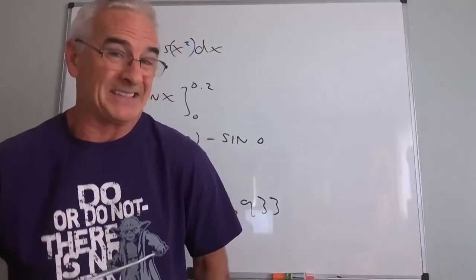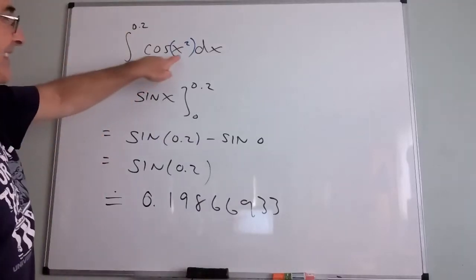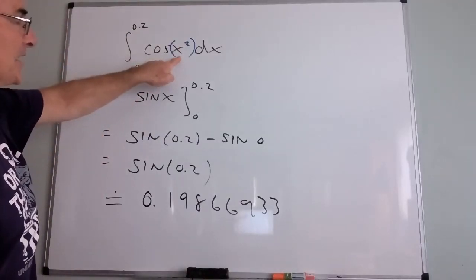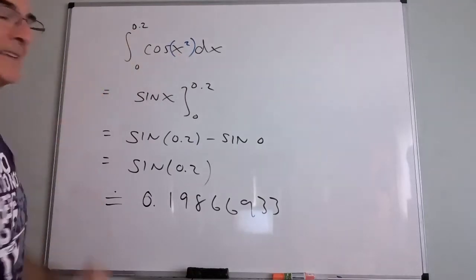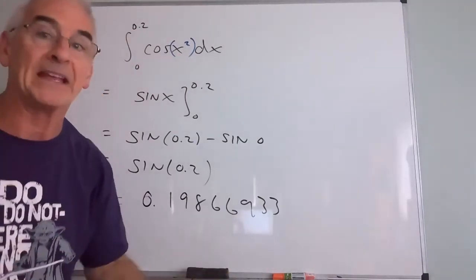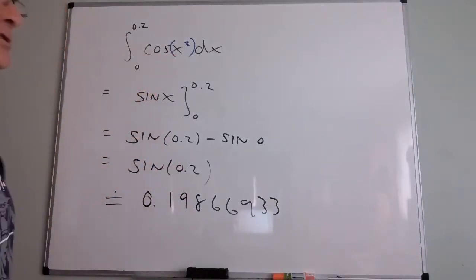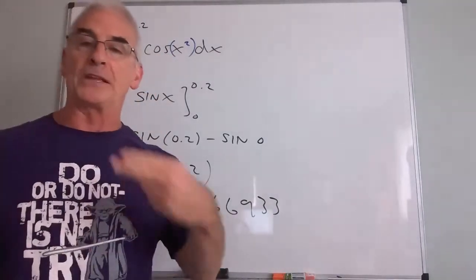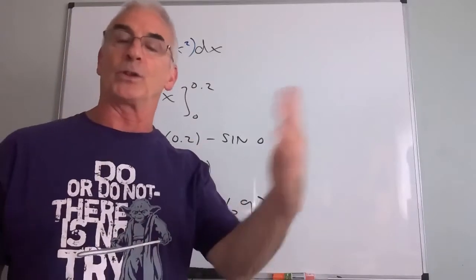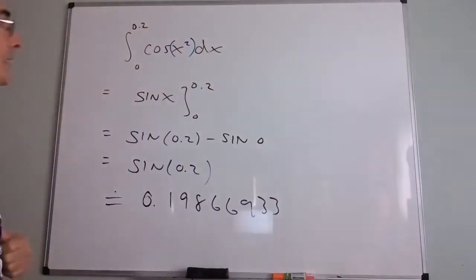Or maybe I can't. You see, the argument here is not friendly because I don't have a chain rule factor. There's no 2x sitting here, and I can't create the 2x. So really the question is, can I even integrate the cosine of x squared?